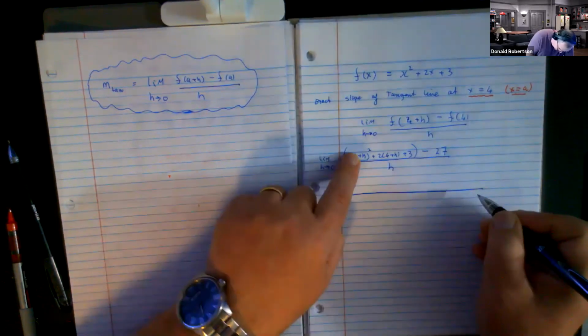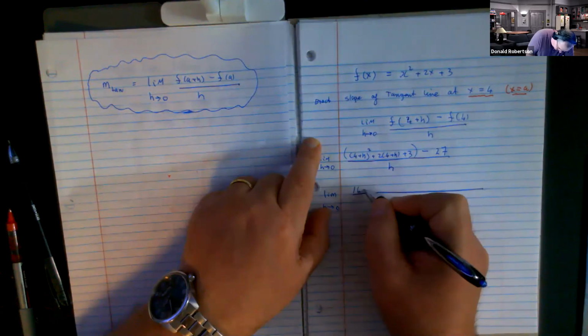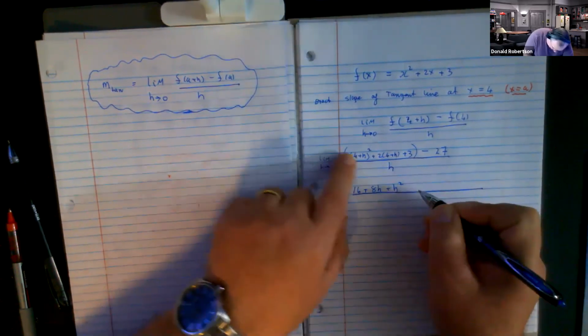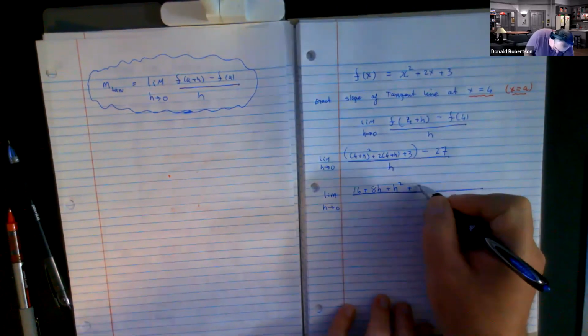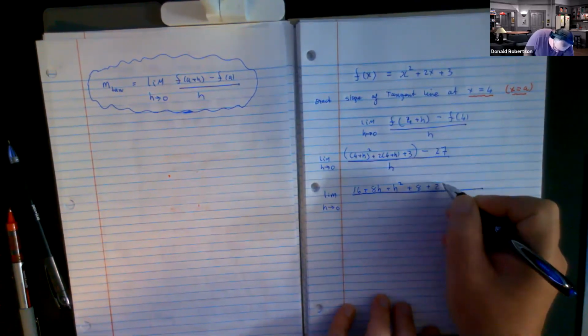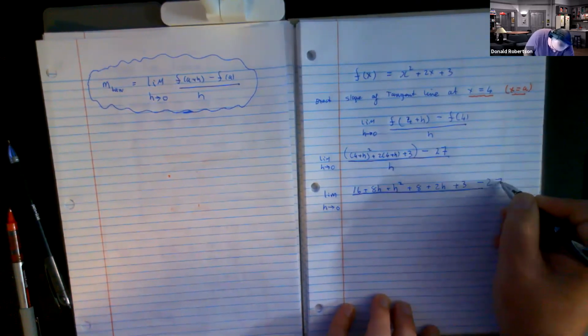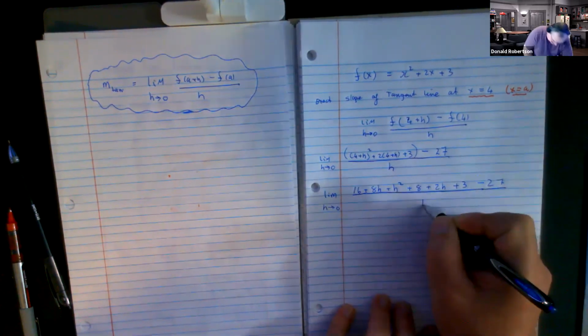Four plus h squared, if you FOIL it out, you get 16, you get 8h, you get h squared. 2 lots of 4 plus h, you get 8 plus 2h. And you have an add 3, and you also have a take away 27. And the whole thing is over h.